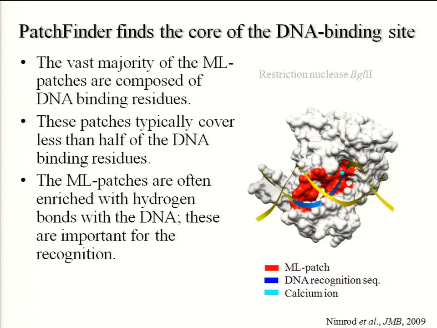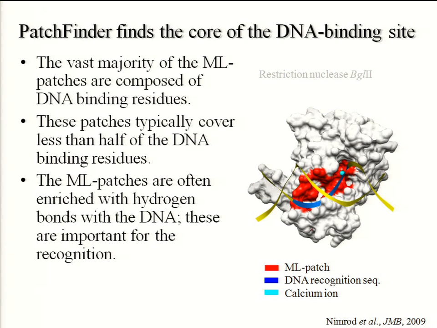And he wanted to see what the degree of overlap is between these and the DNA binding region. So first of all, the vast majority of the maximum likelihood patches are composed of DNA binding residues, and typically they cover half or less than half of the DNA binding residues.